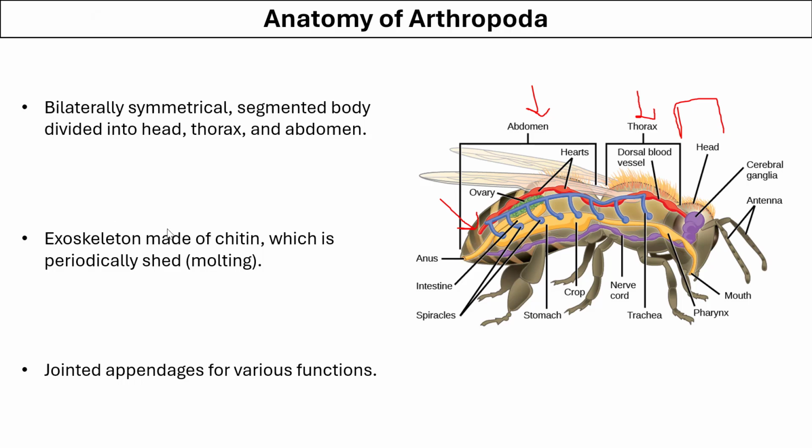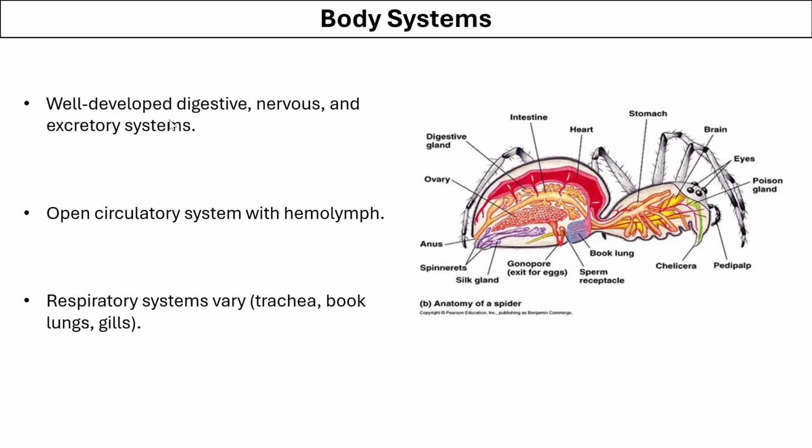The exoskeleton is made up of chitin, which is periodically shed during molting, and that's how these arthropods grow. And we have already talked about the jointed appendages. They have joints in their appendages which provide flexibility and help in maneuvering their movement.